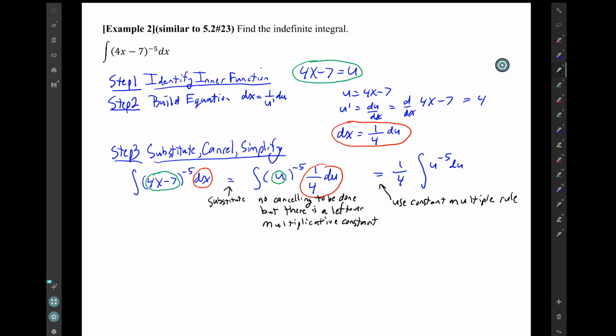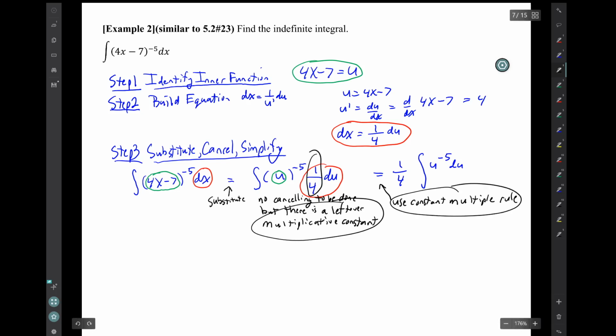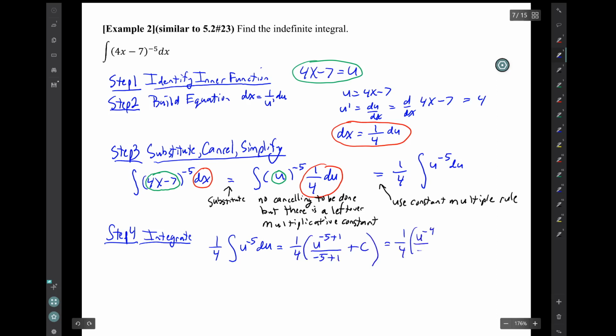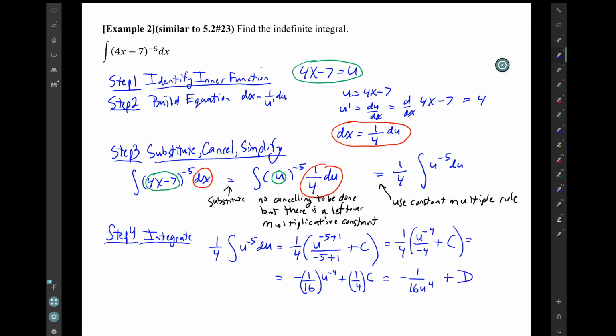Notice that in step 3 we substituted. There was no canceling to be done, but there is a leftover multiplicative constant. It's that 1/4. And we dealt with that by using the constant multiple rule. Step 4 is to integrate. So there's our result of integrating.